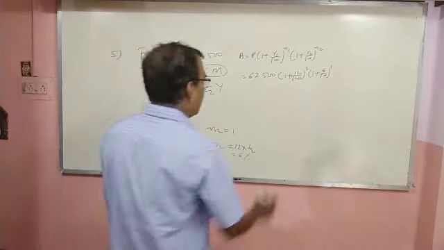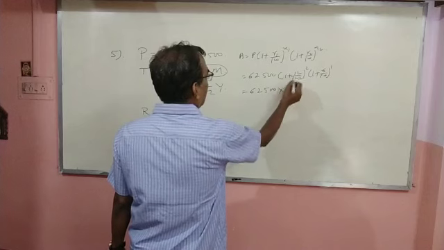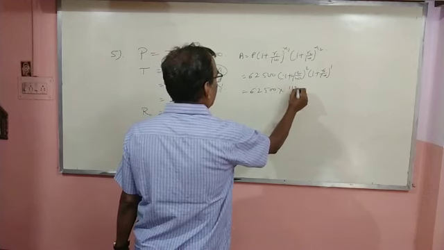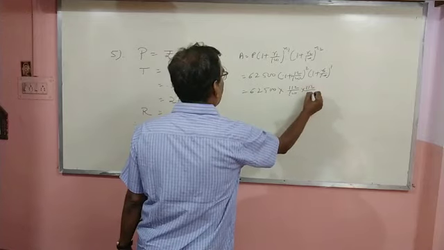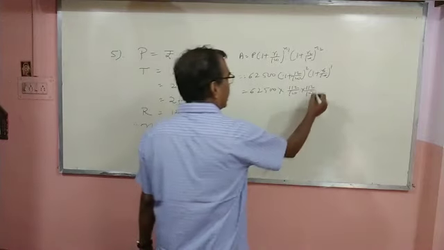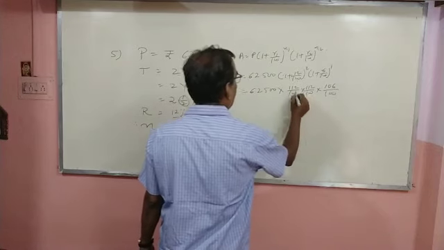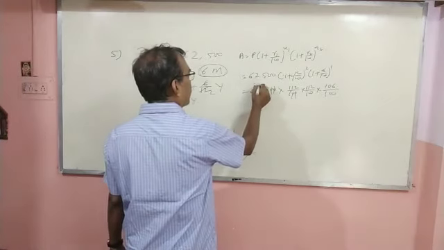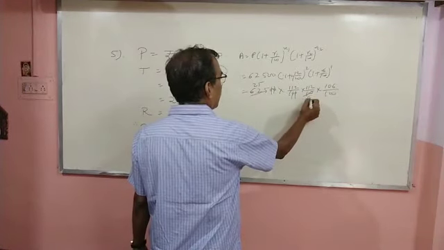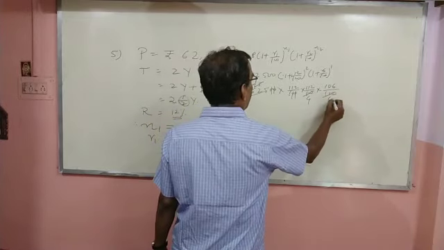So this one will be equal to 62500 into 100 plus 12, 112 by 100 into 112 by 100, because power is 2, and this is 106 by 100. What I feel, this 20 is going to be cancelled. 25 sixes are 625. You know very well, 25 4s is 100.